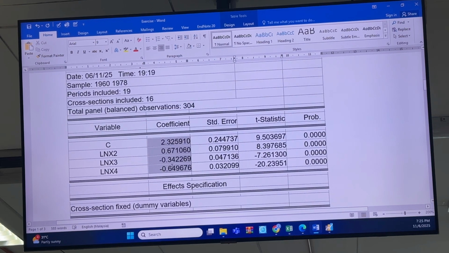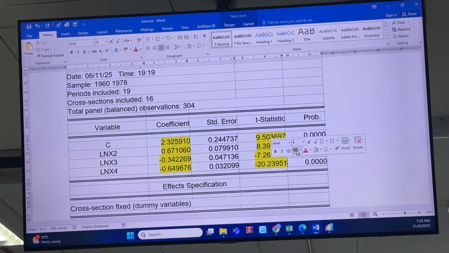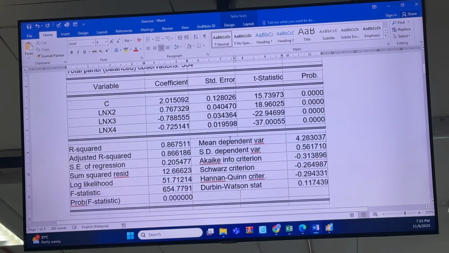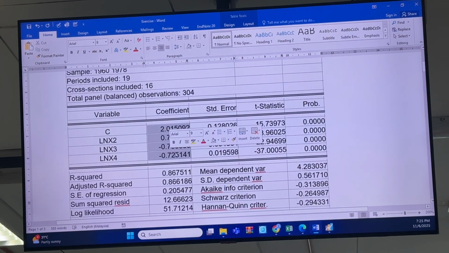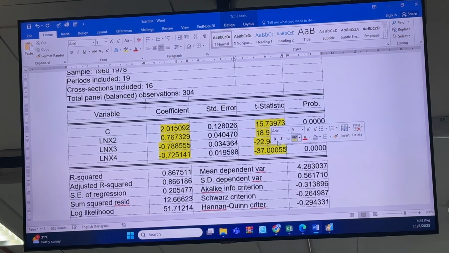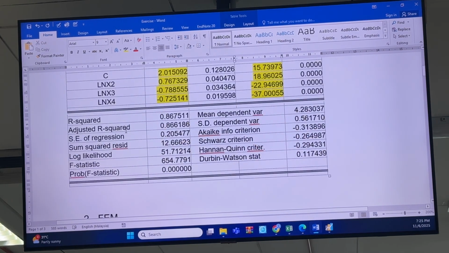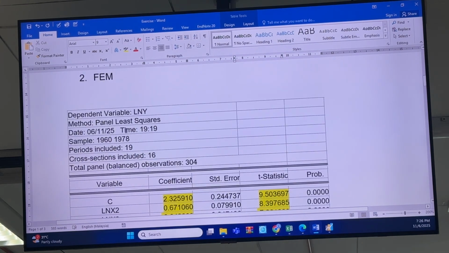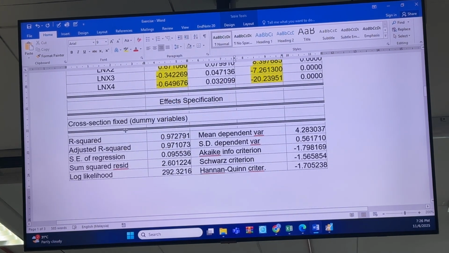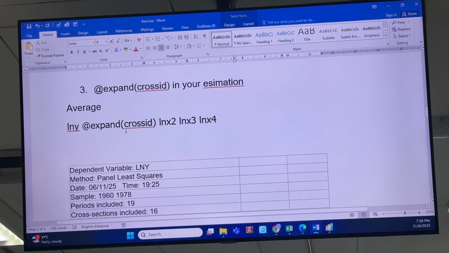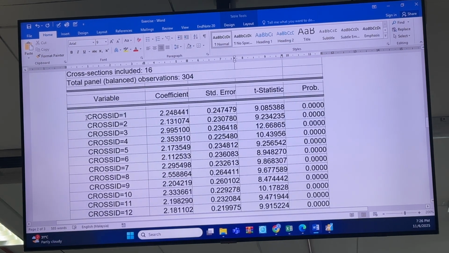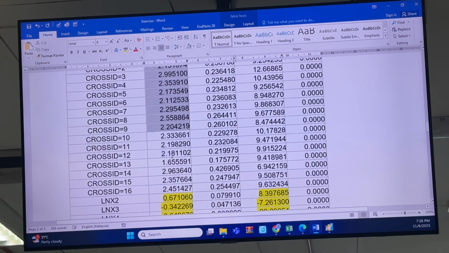This is my coefficient, this is my test statistic, right? This is my coefficient, this is my test statistic, right? Similar, same, right? So average means that you add all these together, divided by 16.